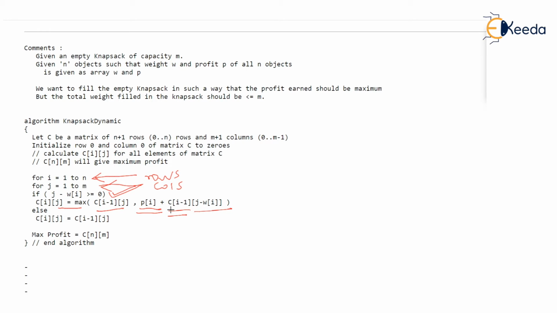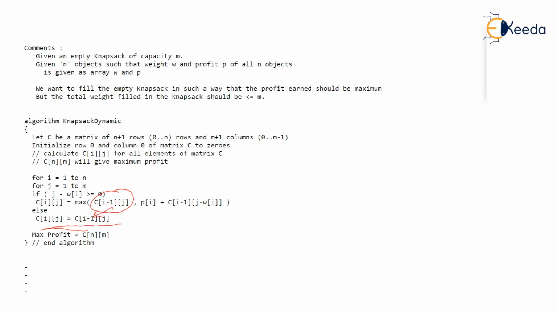Otherwise, Cij is Ci minus 1 j. You can see if that condition is false, then Cij is equal to Ci minus 1 j. That is the first part of this particular formula.